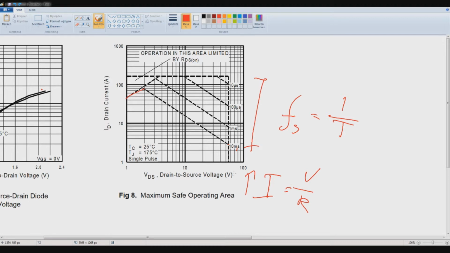And then we go up to a factor 10 less, so it's on for much less time, so we can again expand our area of safe operation. So now we can almost get over the 100 amps at only a voltage of 3 volts, because again this is pretty low, so this can go pretty high, which all depends on your resistance.